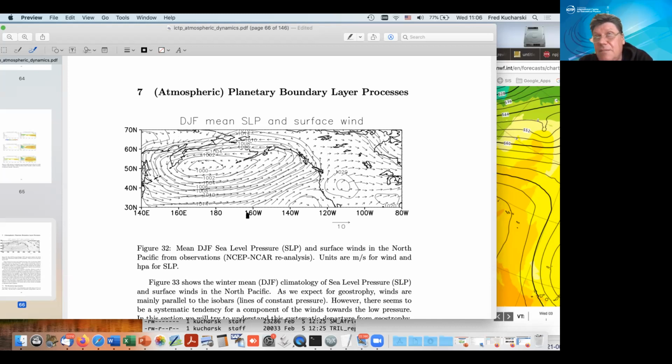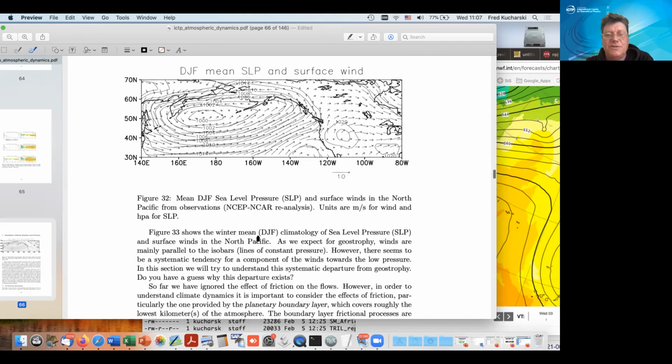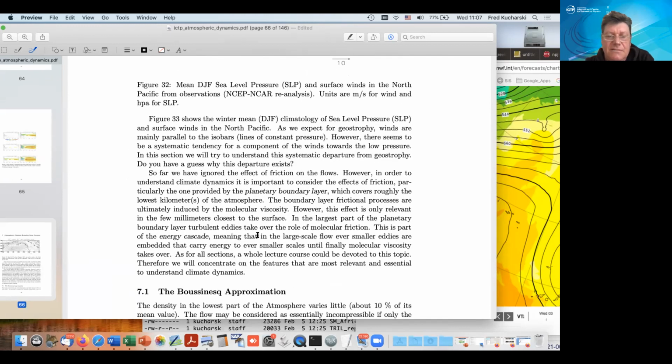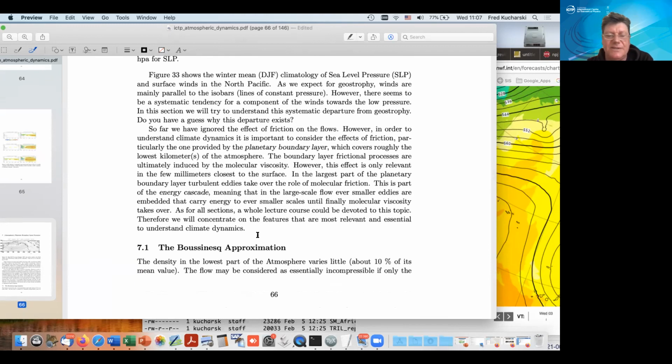Remember, the trade winds blow on average, then we should go further to the south here, when we have the subtropical high system, but according to geostrophic balance, if there's a high pressure in the subtropics and a low pressure at the equator, then the trade winds should blow from the east to the west. But in reality, they blow from the northeast to the southwest. So there's also convergence at the equator due to the trade winds. And this is what we want to understand better today. It's quite easy to understand in principle.